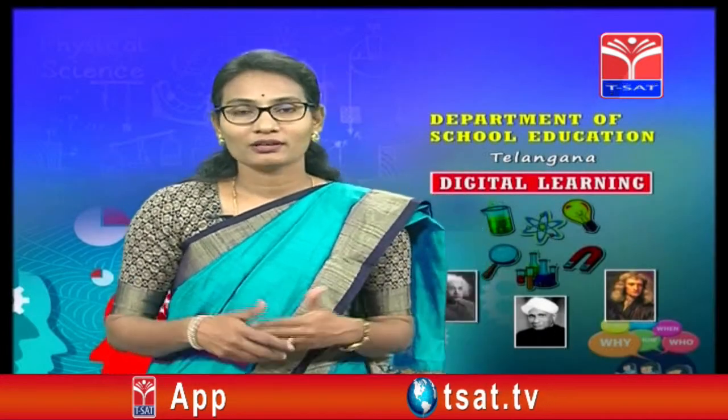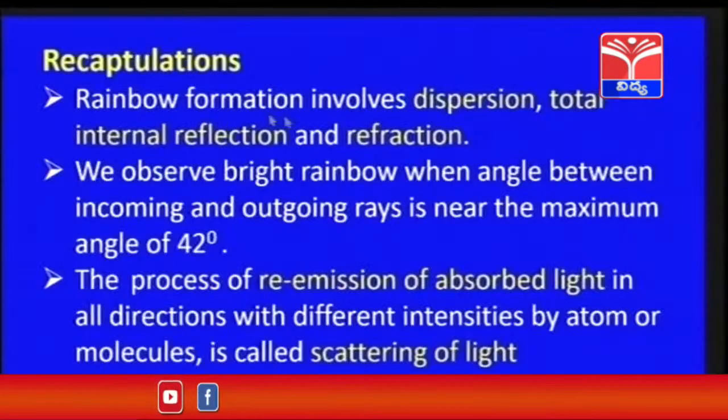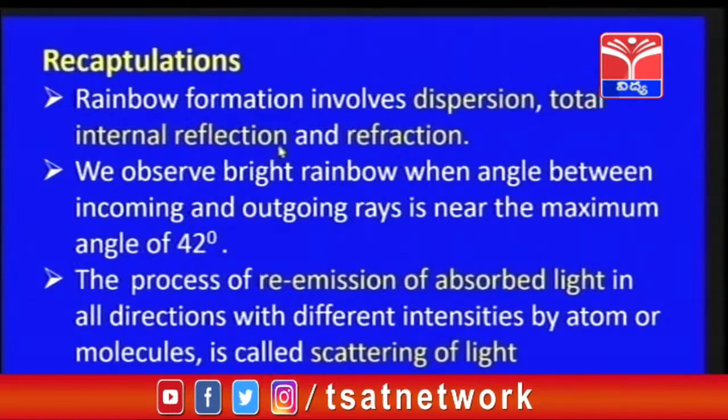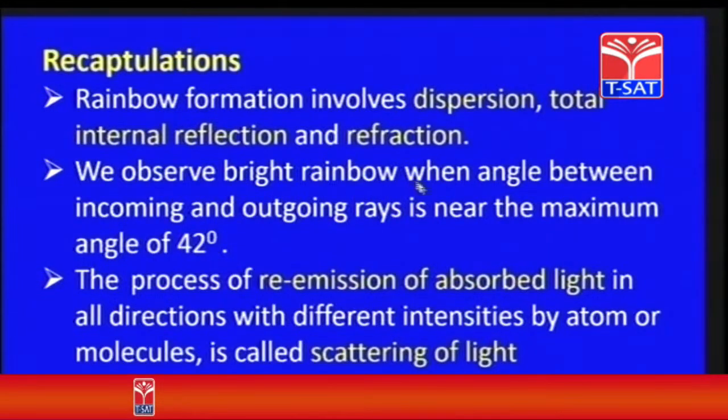Take a look at the concepts we learned in this session. Rainbow formation involves dispersion, total internal reflection and refraction. We observe a bright rainbow when the angle between incoming and outgoing rays is near the maximum angle of 42 degrees.